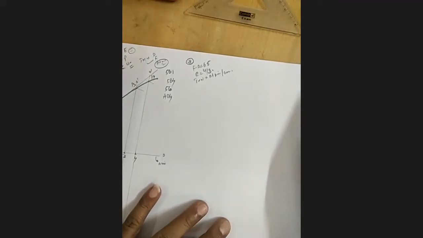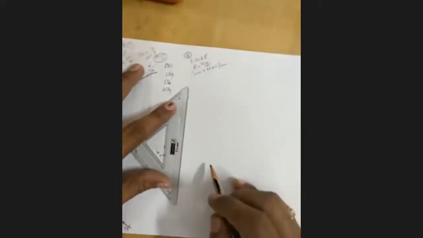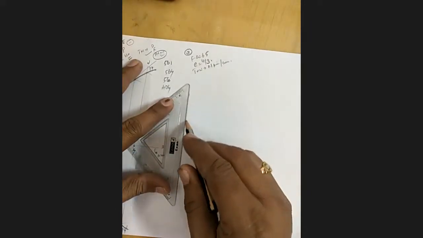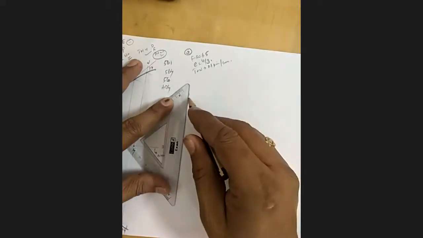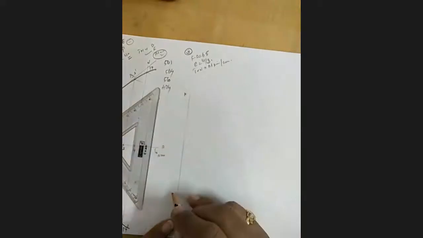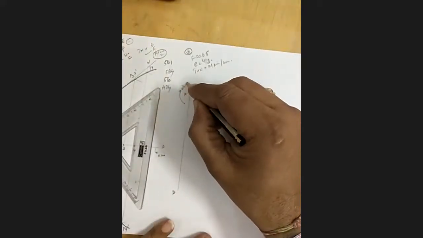Shall I start? Yes. Listen, same procedure, Amma. Draw a vertical line. See, the procedure is not changing; the first line is a vertical line. Name it AB. It is called the directrix.